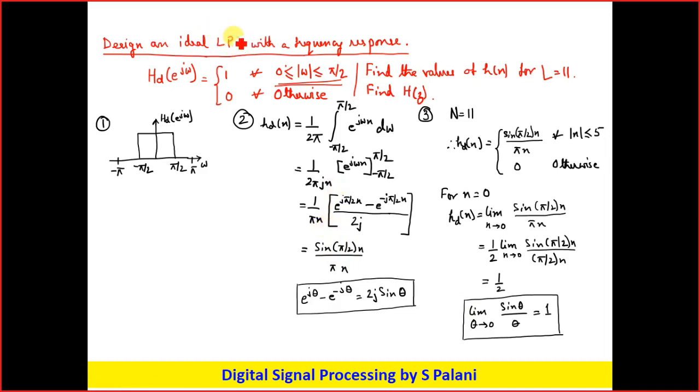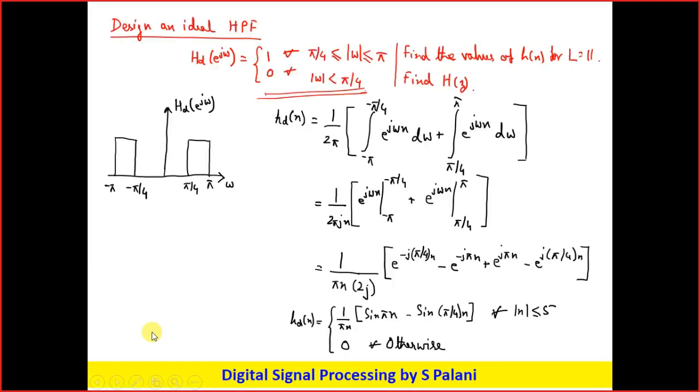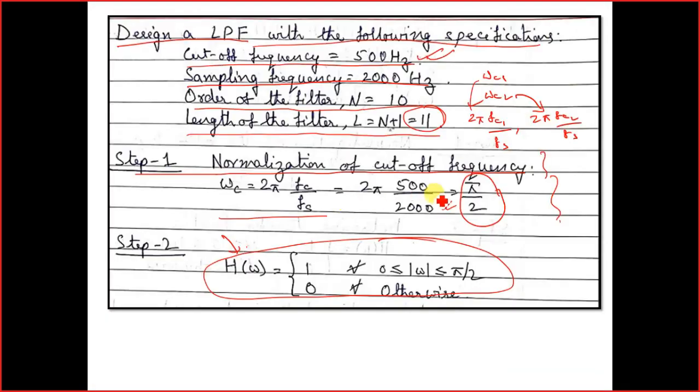Directly you may be given a low pass filter with a frequency response of this kind, and you can directly proceed to do the numerical. Otherwise you may be given the cutoff frequencies as such, in terms of radians, and then you have to proceed.